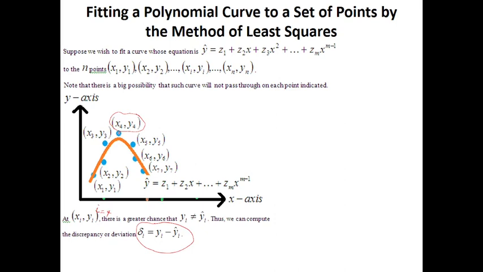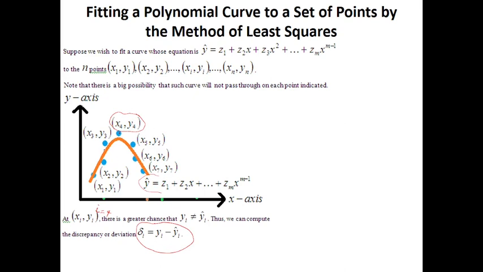As you notice, the point does not pass through the curve, or should I say, the curve does not pass through the point x sub 4, y sub 4. This is our approximated curve.